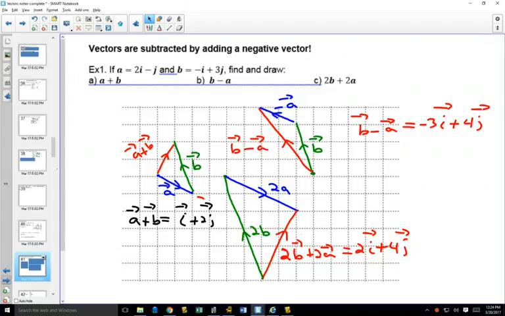So I've always drawn the A vectors in blue, the B vectors in green, and then the resultant in red. Again, as far as putting your arrow points on, you have to think, where did I start and where did I end?